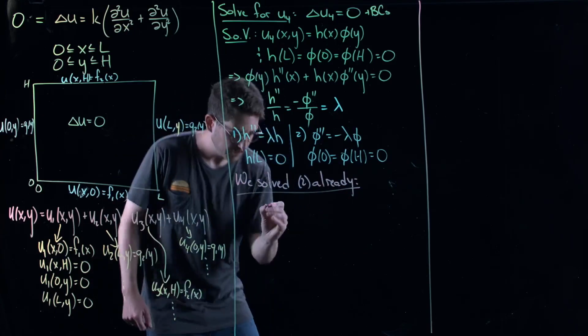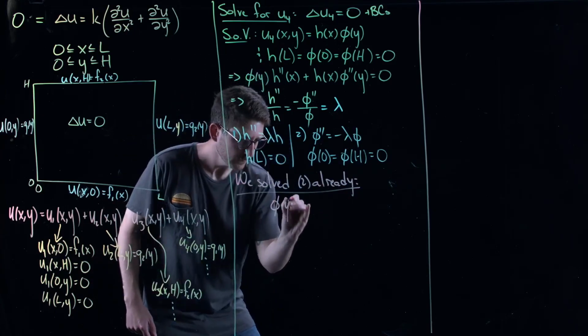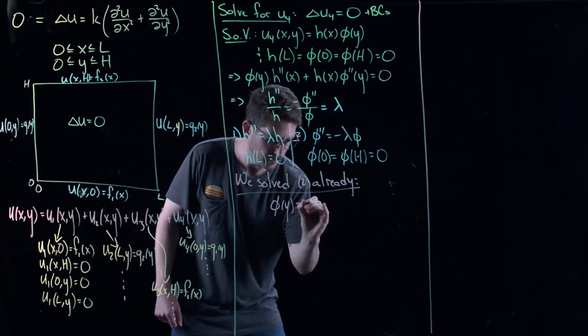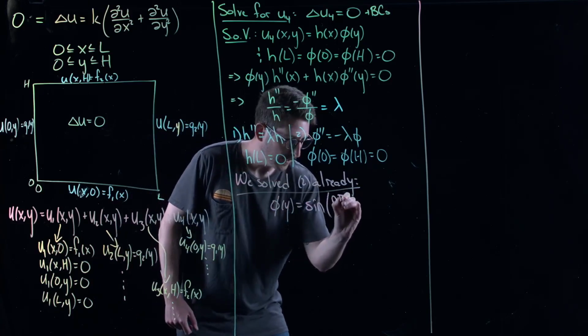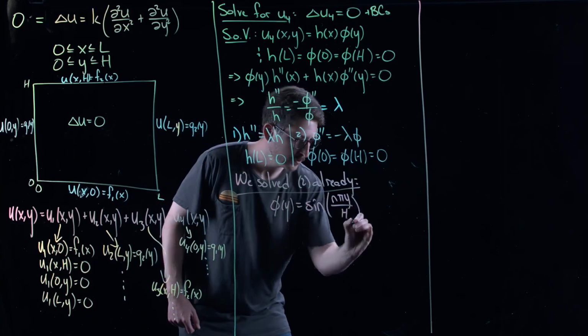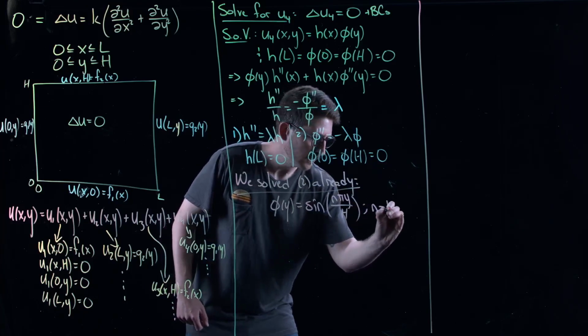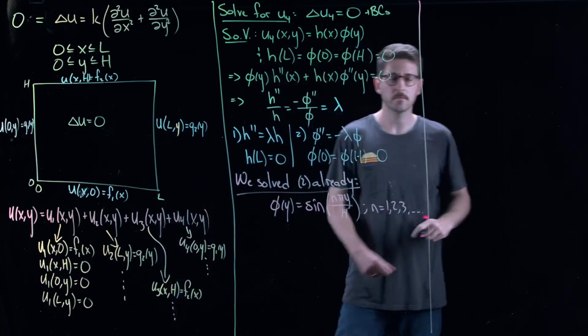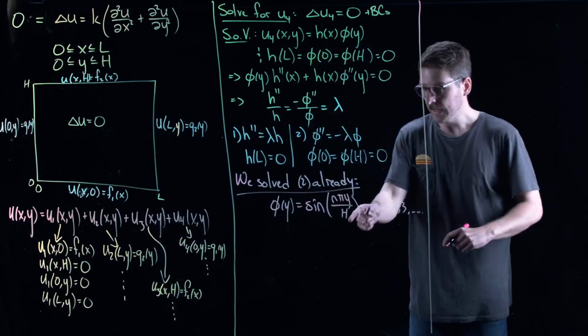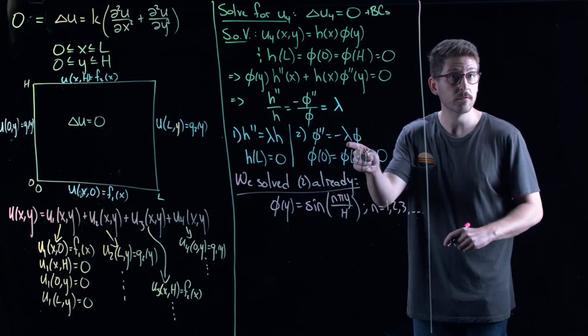And essentially you get phi of y is any constant multiple of sine of n pi y over h for n from 1 to infinity. And this also drills down the value of lambda, right?